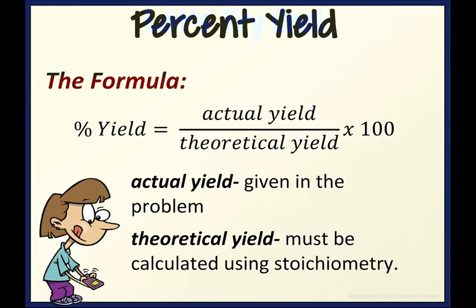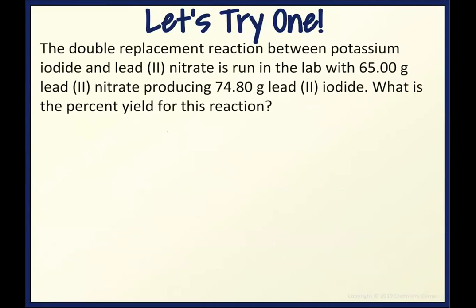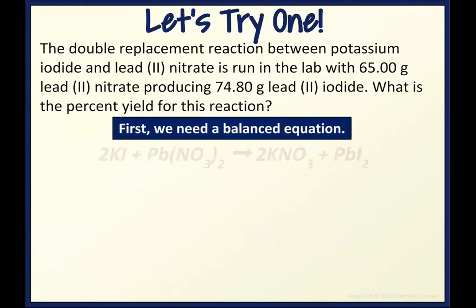So we're going to have to write that equation, and then it says that it's a double replacement. So that means then, well, here, let's start it. First, we need a balanced equation. All right, so we got potassium iodide and lead nitrate.